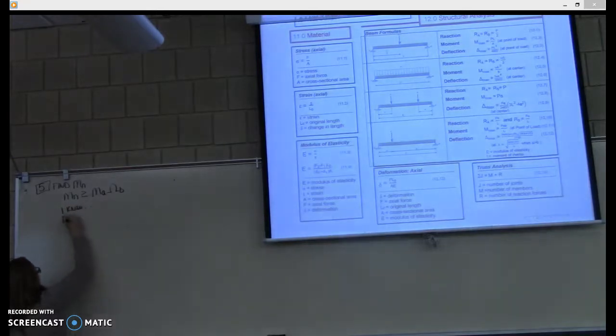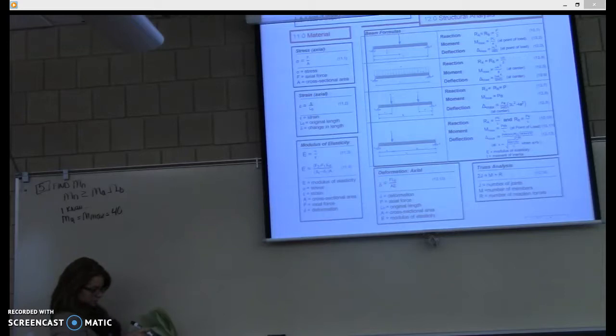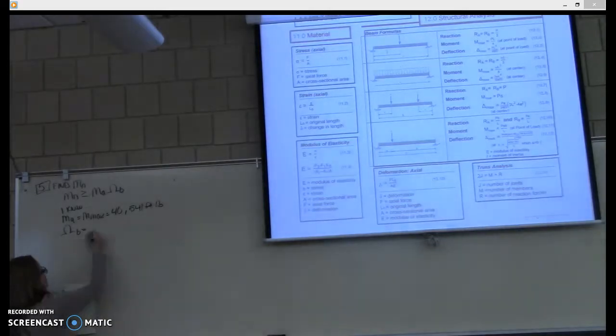So Ma is the maximum moment, 40,541 foot-pounds. And then our importance factor again was given to us on the PowerPoint, which is 1.67.